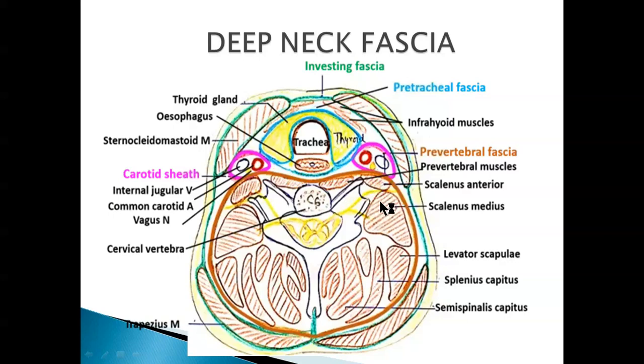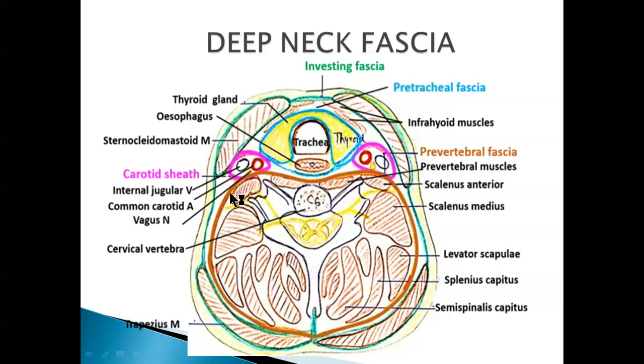Here we can see the scalenus muscles, anterior, medius, and posterior, somewhere here. These are all your prevertebral muscles. It is covering your prevertebral muscles as well as your scalenus anterior, scalenus medius, and the muscles in the thoracic area. So everything is covered like this by the prevertebral fascia.